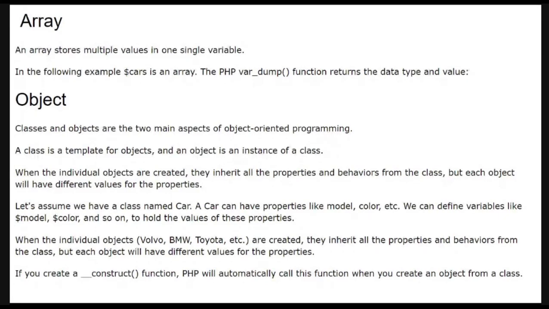So let's assume we have a class named car. A car can have properties like model, color, etc. So we can define variables like $model, $color, and so on to hold the values of these properties.